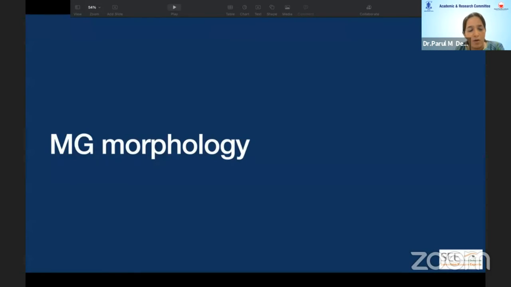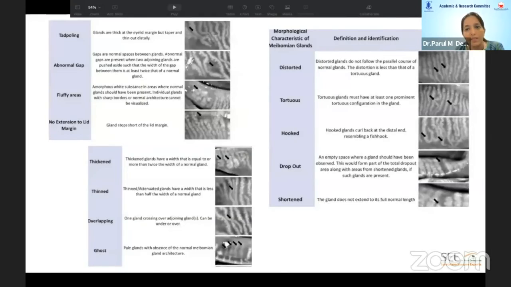Besides the meibomian gland dropout, there are a lot of other morphologies that we see on the meibography. These are depicted here. So one can see the distortion of the glands, or increased tortuosity, or the hooking at the ends of the meibomian glands.